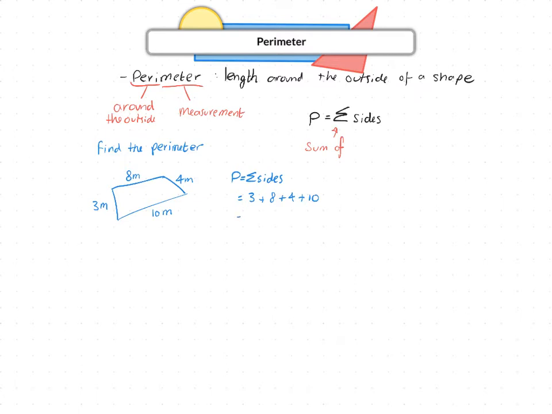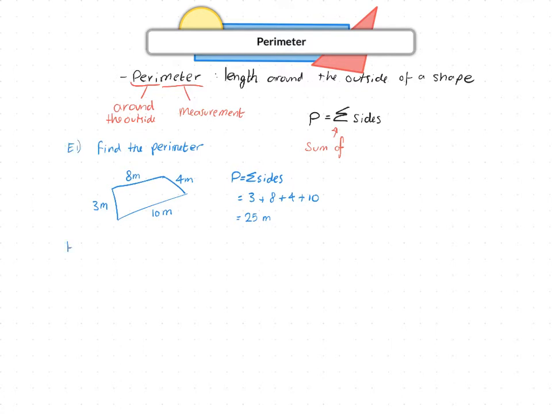Feel free to use your calculator here, although I'm really hoping that you can do this sort of question out of your head. And hopefully you will see very quickly that that is 25 meters. Please don't forget the units. The units are part of the answer. Make sense? I hope so. So that's example 1. I might call this E1.